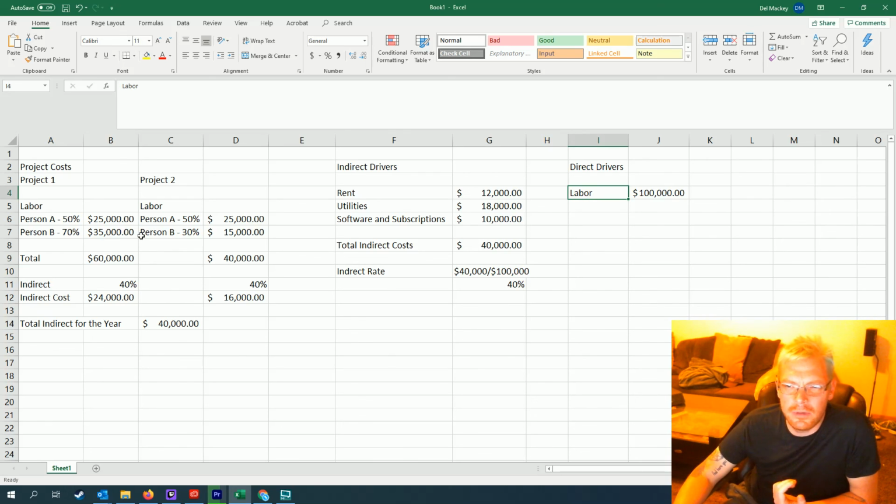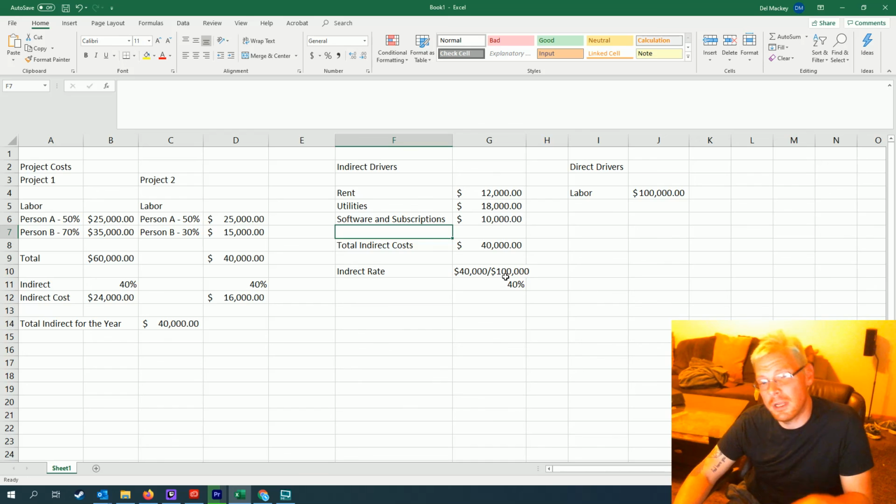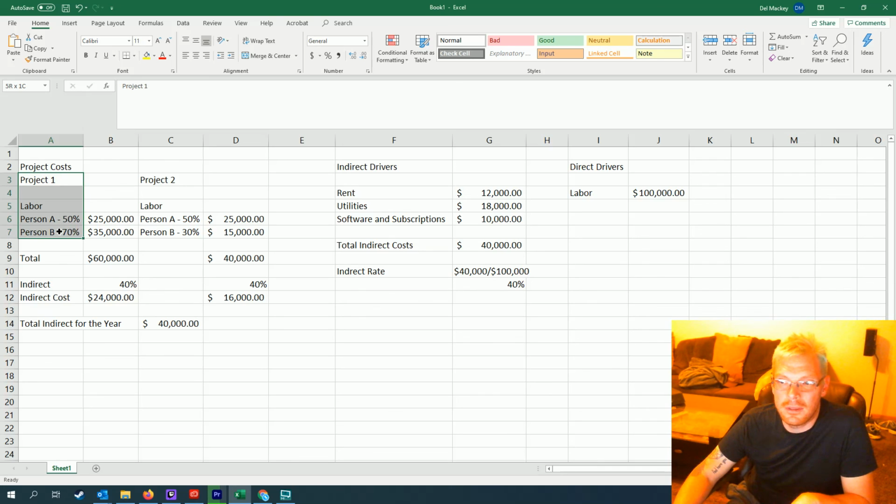Now, if you had more factors in here for your direct cost, or more factors for your indirect cost, that's going to shift the percentage. But at the end of the day, your indirect rate is driven by your direct cost, the things that people do here.